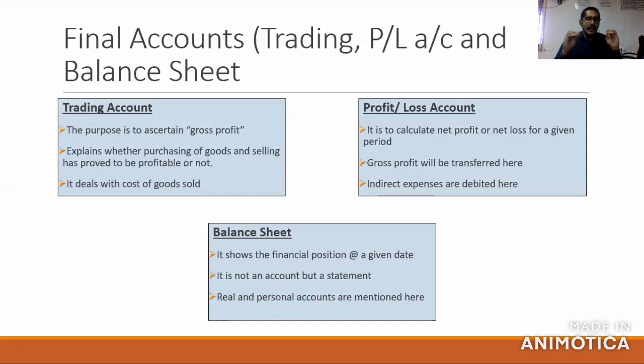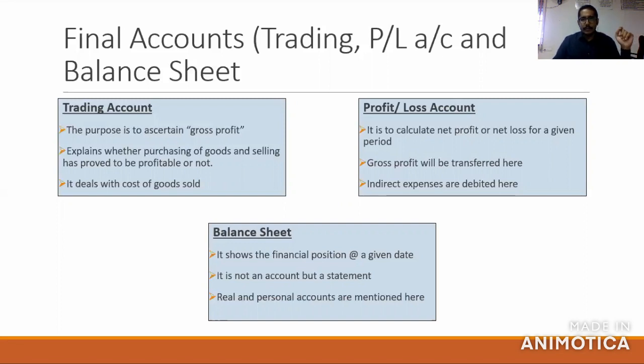In this module, we'll be doing the problems with very minimal adjustments like closing stock. There are around 17 to 18 adjustments kind of problems when it comes to final accounts, that we'll be learning in the second module of the MGU syllabus. So we are going to draw a trading account and find it out.